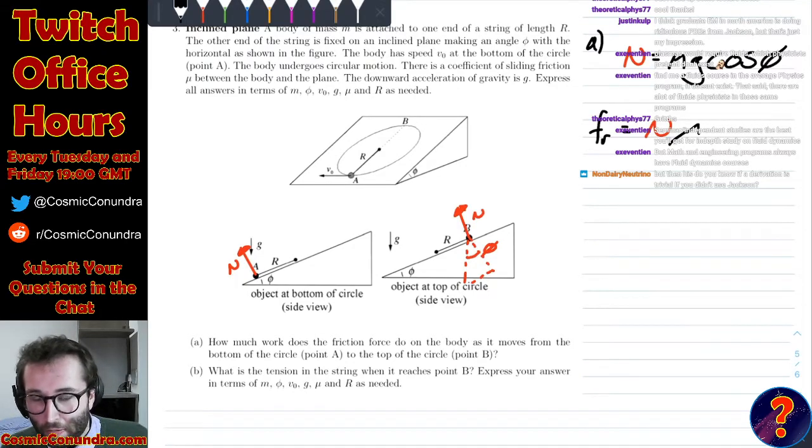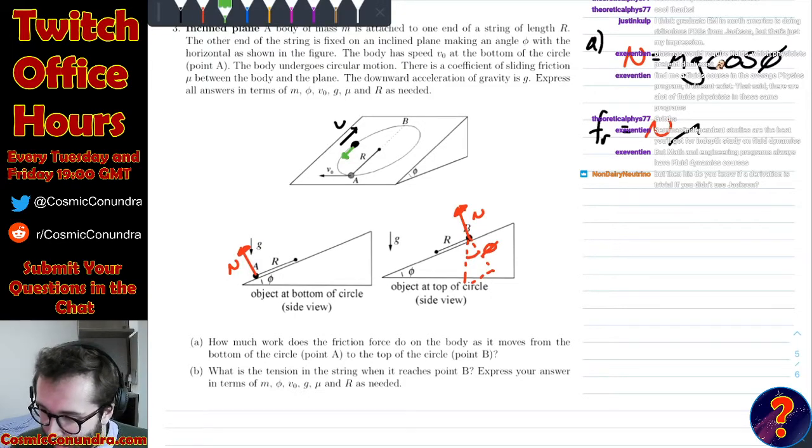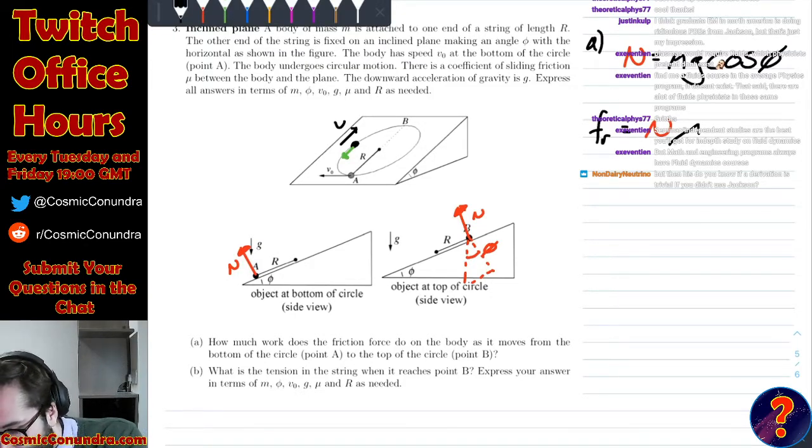It's only when things are in sort of limiting equilibrium that friction is not necessarily at its maximum value. So that is the force of friction. Say the particle is here, and it's moving around, it's moving tangentially to the circle with some speed v. The force F I've just drawn, the frictional force, is the force that is dragging it back, trying to slow it down along that direction.